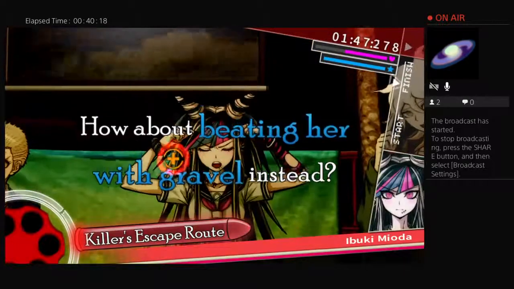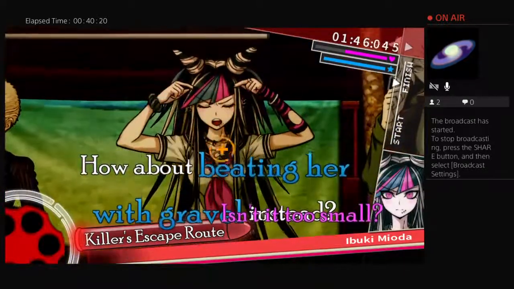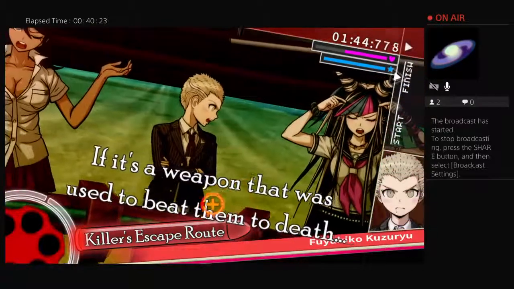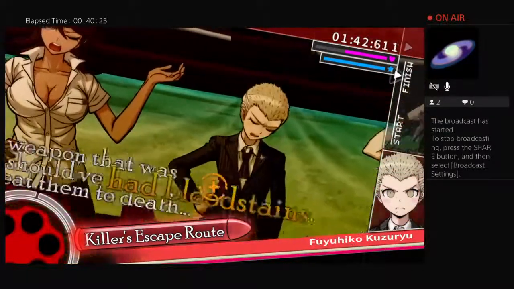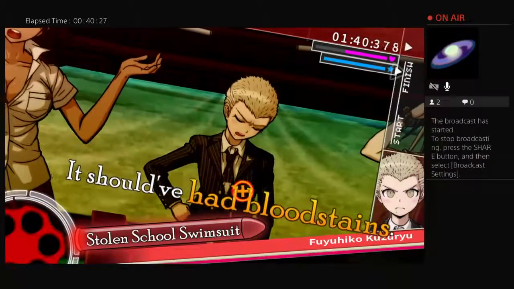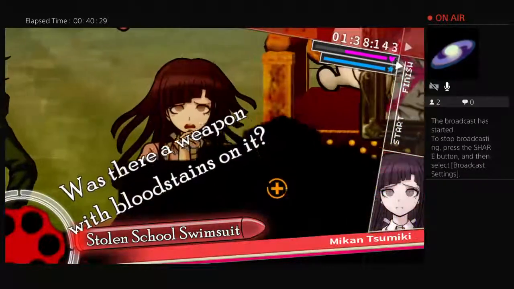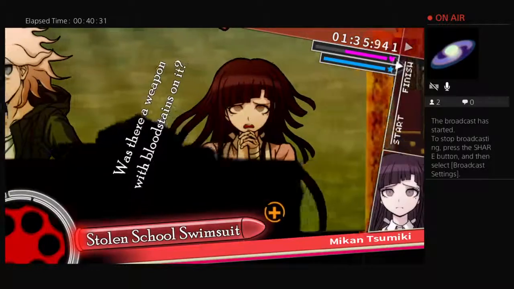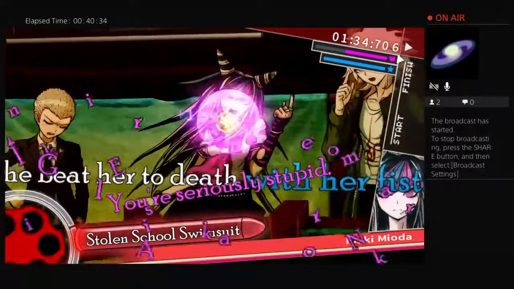How about beating her with gravel instead? If it's a weapon that was used to beat them to death, it should have had bloodstains. Was there a weapon with bloodstains on it? She beat her to death with her fists!